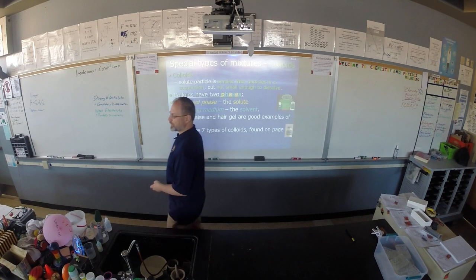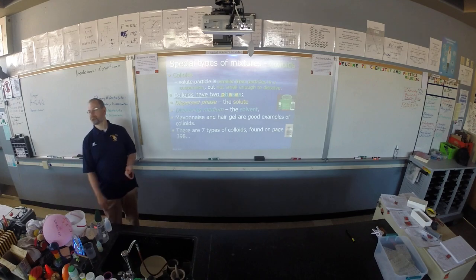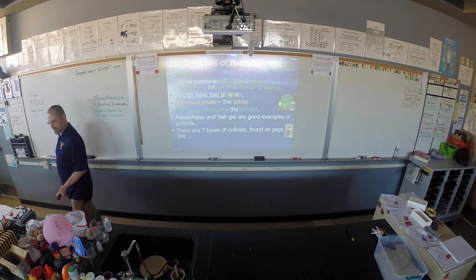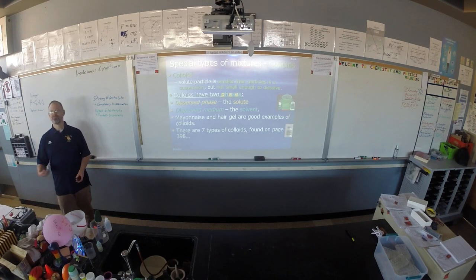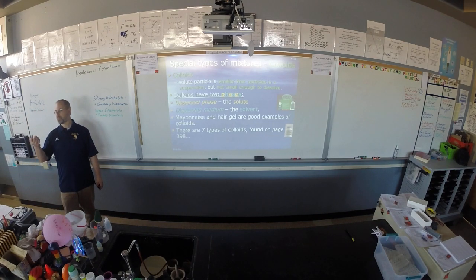Mayonnaise is another great example of a colloid. Mayonnaise is made of three things: vegetable oil, egg whites, and salt. That's it.